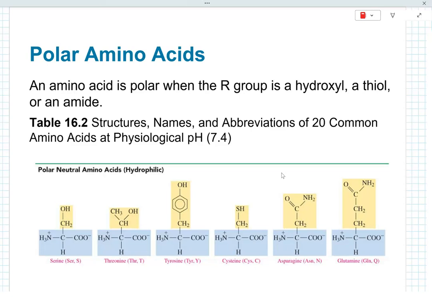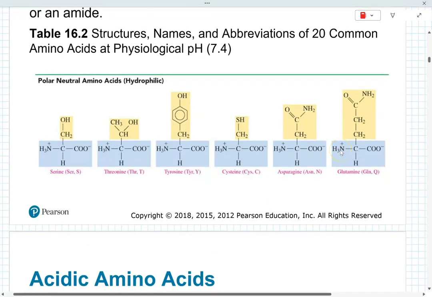Now, polar amino acids can be charged or not. These are polar neutral amino acids, which means their side chains carry no charge.